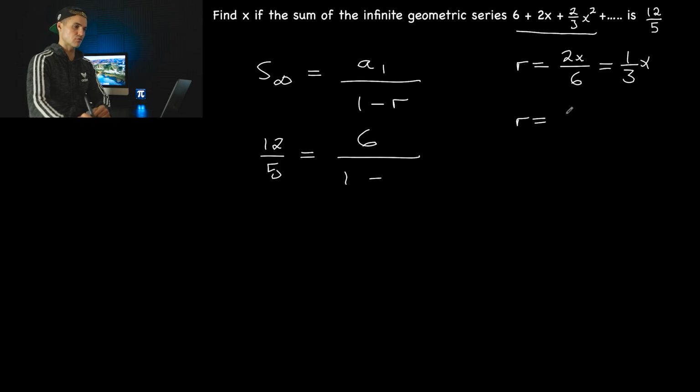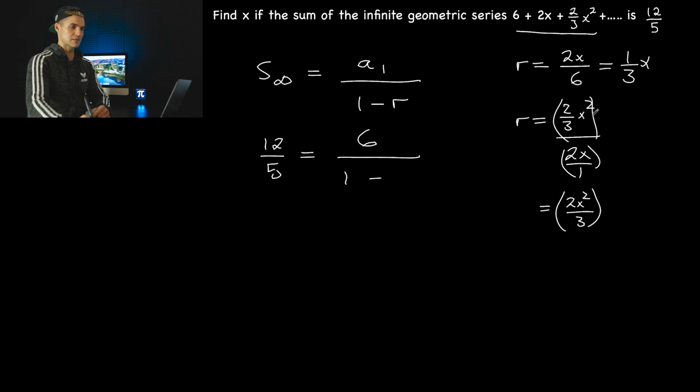So we take 2 over 3x squared and divide it by 2x. The 2x is like over 1. So the first fraction I can write as 2x squared over 3.